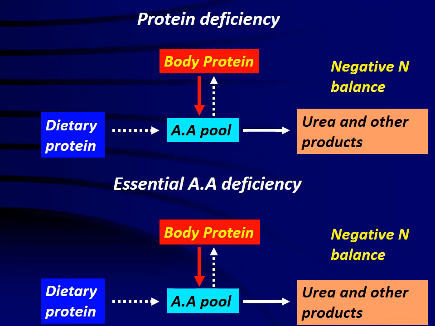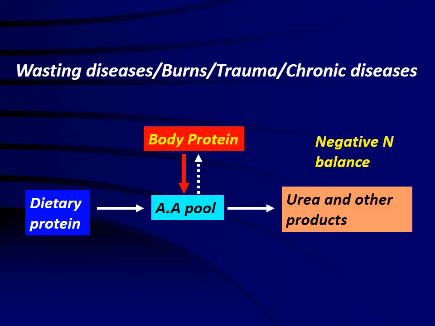Negative nitrogen balance is observed in protein deficiency and essential amino acid deficiency. Wasting diseases, burns, trauma, and chronic diseases are examples of negative nitrogen balance.